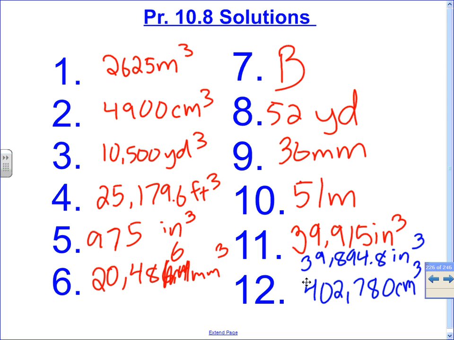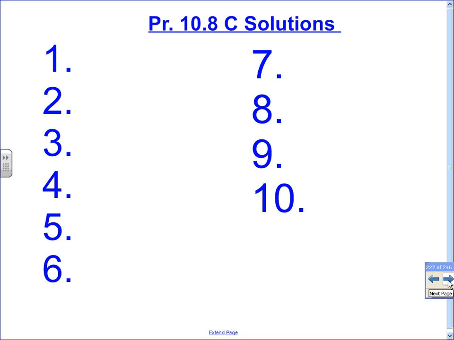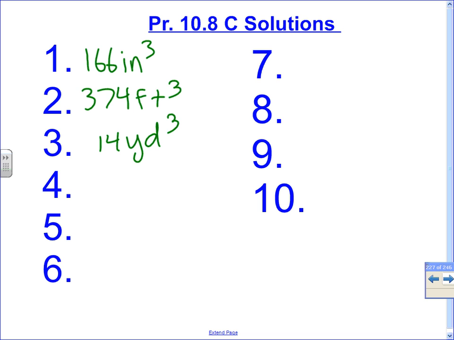Okay, let's go to version C. Okay, Adam, number 1. It says round to the nearest whole number, so I'm going to do inches cubed. Okay, number 2, Mary. Good. Charles, number 3. Good job. Emma M, number 4. Okay, I have 95, but you're fine.